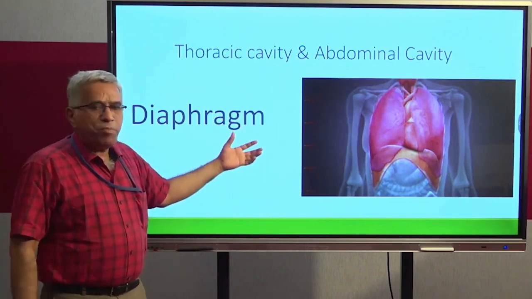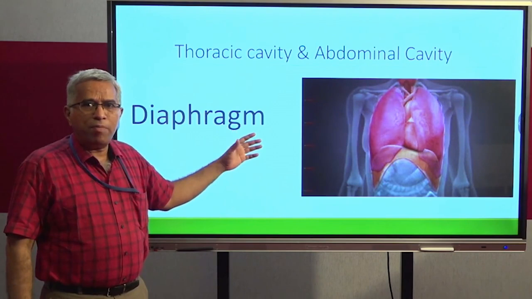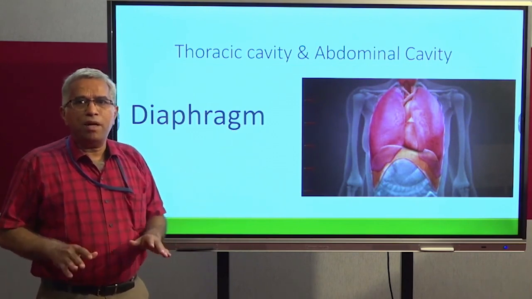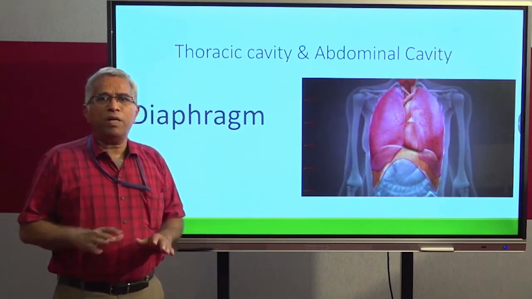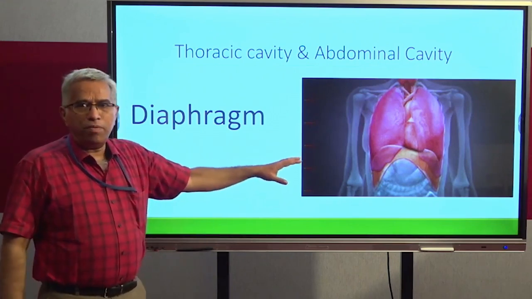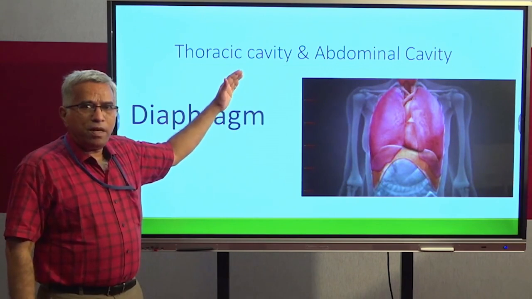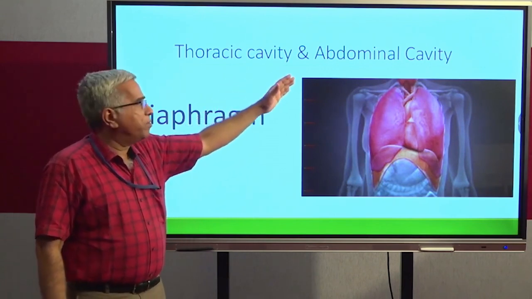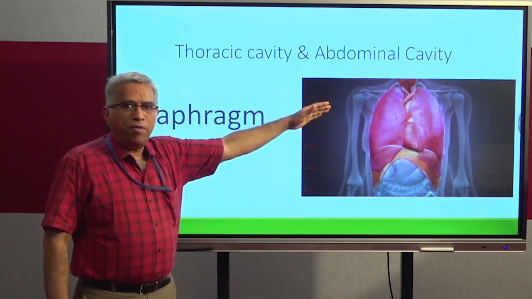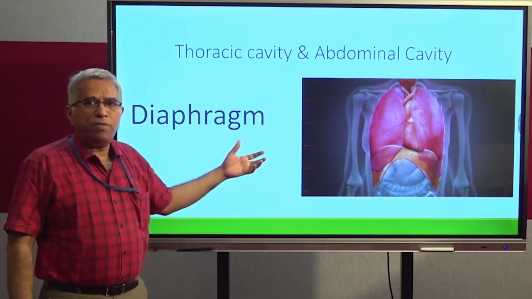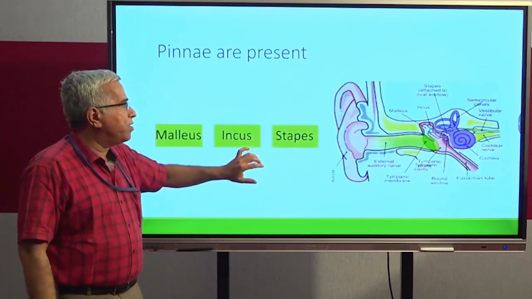This diaphragm is present only in mammals. No other group, no other class, no other order of vertebrates will have this diaphragm. So the diaphragm is the structure that separates the upper thoracic cavity from the lower abdominal cavity, and this is responsible for breathing movements or respiratory movements.